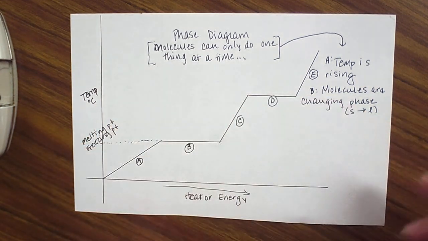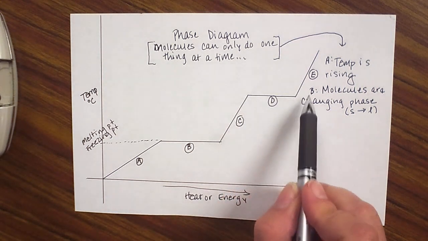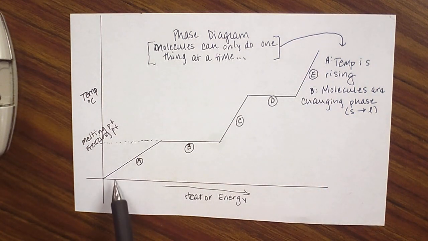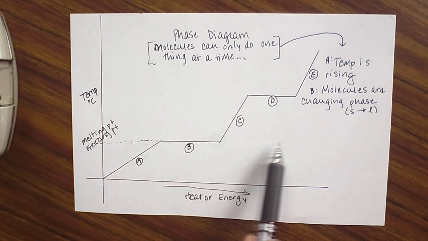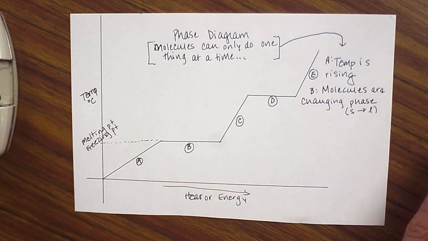Now remember, we don't have a substance on this chart. This could be bromine. This could be carbon dioxide. This could be ethanol. This could be anything, all right? Because all substances have a chart that looks like this. For some of them, this is really steep and short. For some of them, this is super long, okay? They can all be different sizes.